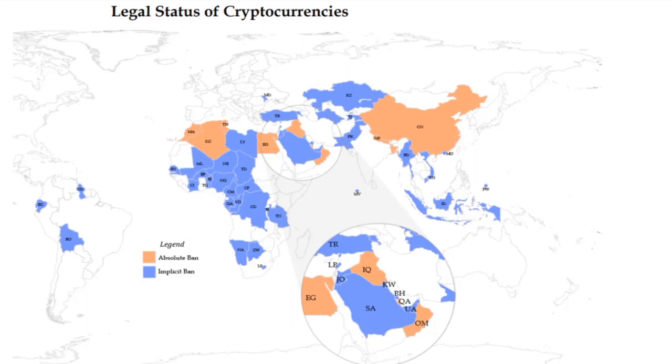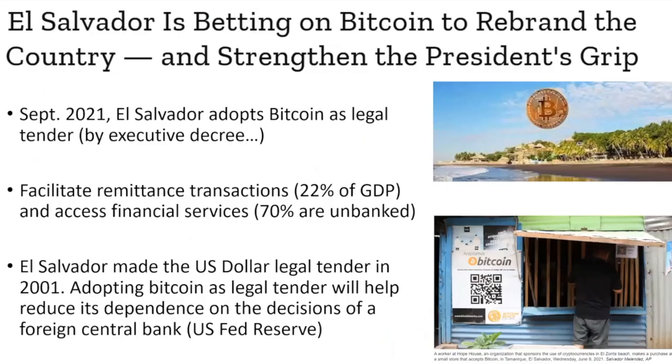I want to talk about some other aspects of this though. Let's put it this way: if there's a lot of money and power associated with cryptocurrency, governments aren't just going to try to limit it. They might try to get in on this a little bit, right? And we've started to see this in a really fascinating case, El Salvador.